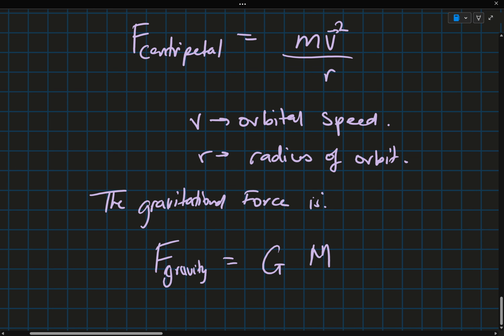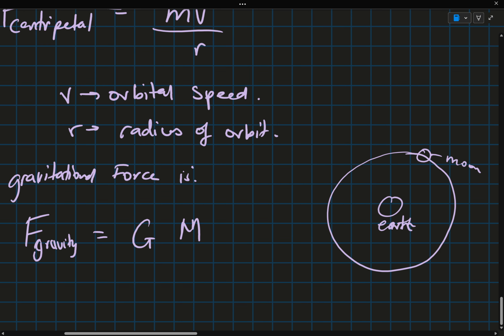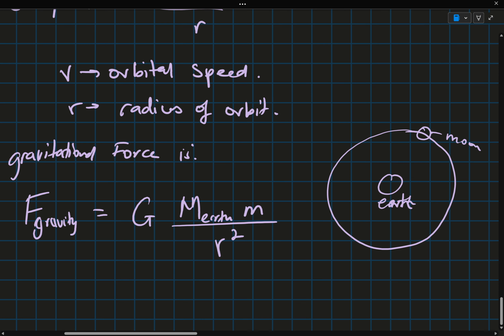Let's focus on the orbit of the moon around the Earth, because that is what we're called to do in CAPE Physics. So it would be G times m of the Earth times m divided by r squared.